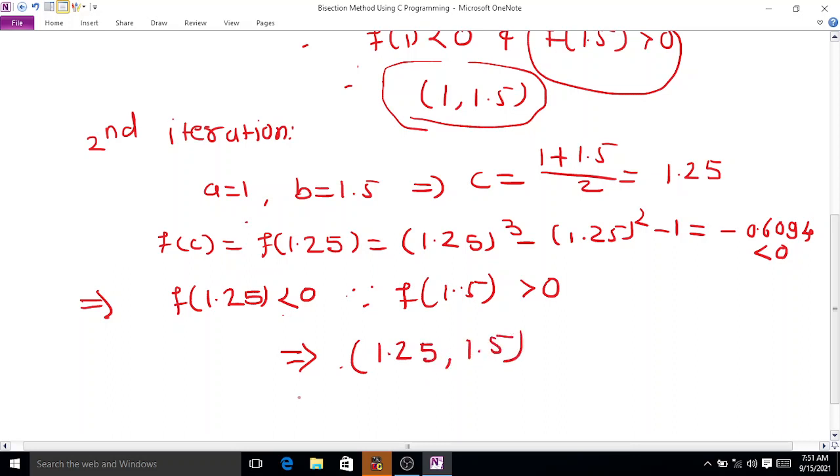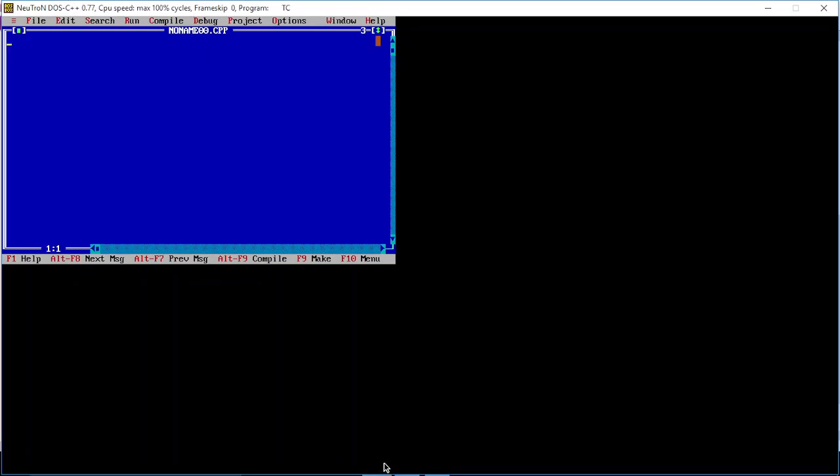Continuing in this way, we can find an approximate root of this equation by using the bisection method. We can stop the iteration when we get the previous two successive roots correct up to 3 or 4 decimal places.